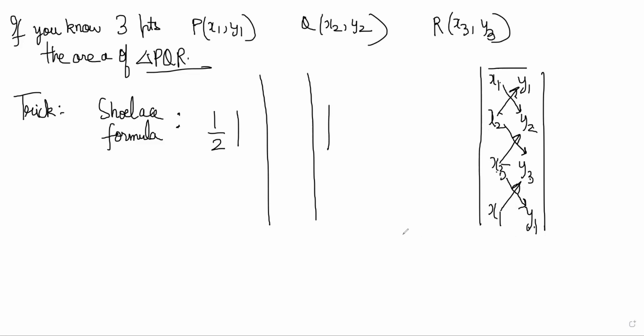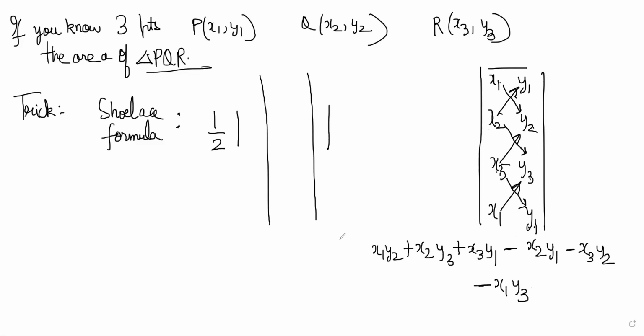So basically it will be x1 y2 plus x2 y3 plus x3 y1 minus x2 y1 minus x3 y2 minus x1 y3. This quantity is inside an absolute value sign, because area you want to come out as positive, right? And then take half of that. That is the area of the triangle.